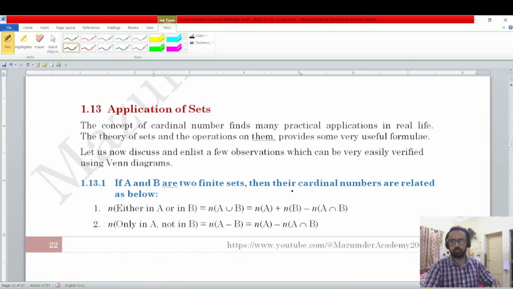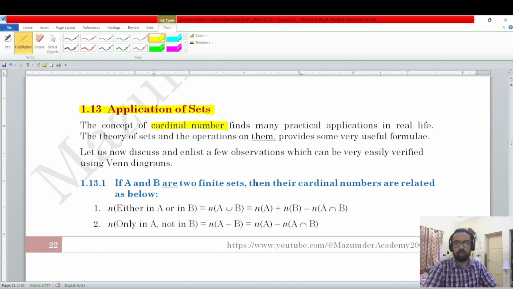Next concept for us is application of sets. Now, application of sets, actually we have different applications, and mainly we find the cardinal number. Cardinal number, that is the number of elements in a set.